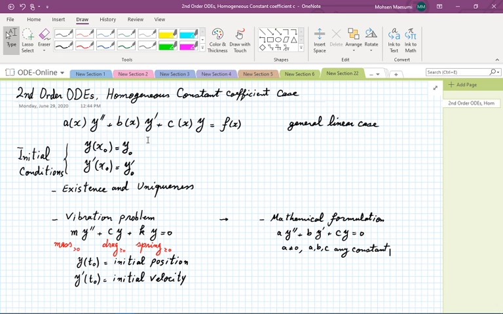These types of problems always come with some initial conditions. The value of the function at some point and the value of the derivative of the function at the same point are given.